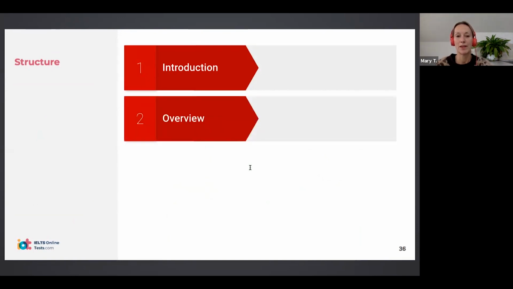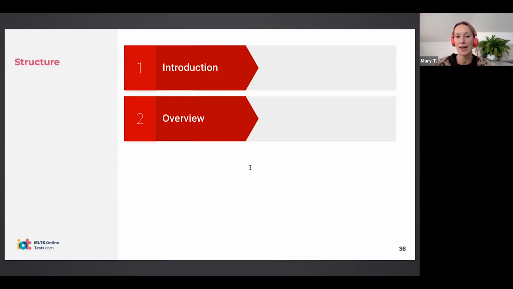Then we have an overview. What's an overview? Summarize. Yeah, giving the main ideas. Yes, talking about the main features. That's right. So giving some general points, in other words.